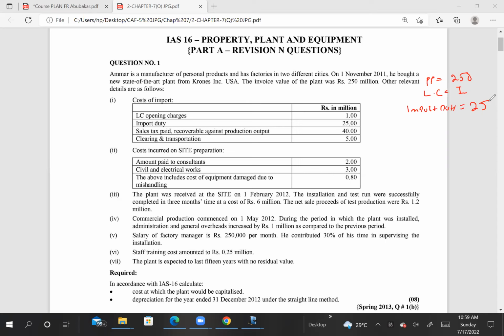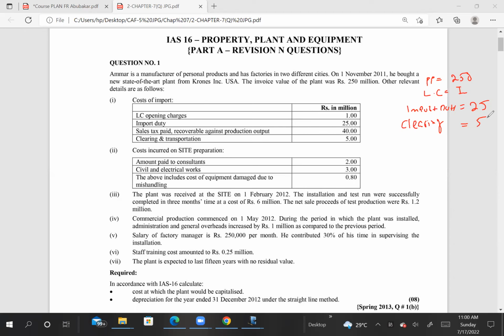No, sales tax will not be capitalized because it is refundable. And then clearing and transportation. Yes, they will be capitalized at 5 million.